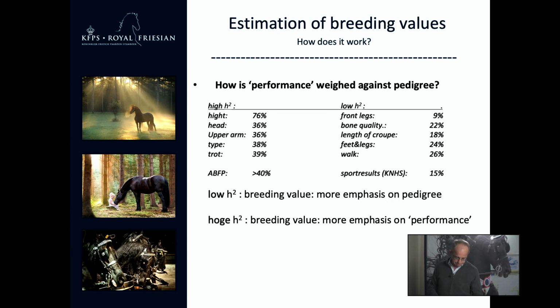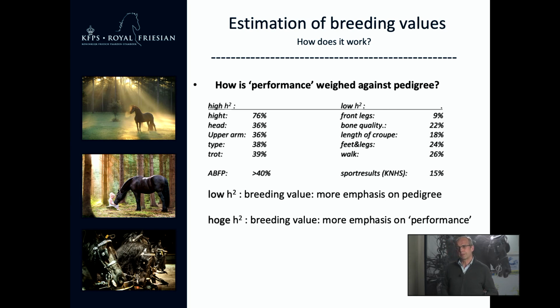If you have, for instance, a mare that's sired by Beard, and he is one of our highest transmitters for walk, and this Beard daughter has an average walk, I wouldn't be too concerned, because we know that the heritability of walk is rather low.